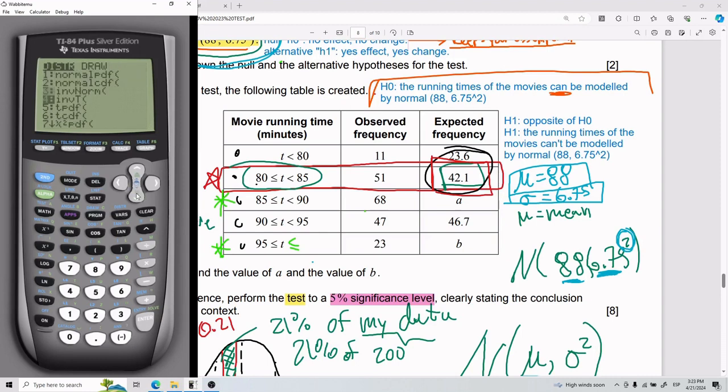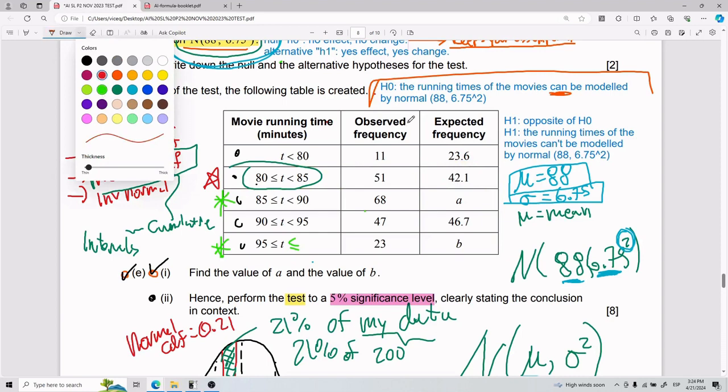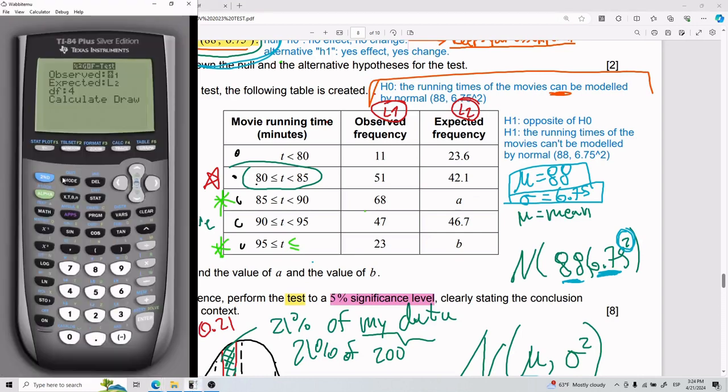For the chi-squared GOF, they tell us that L1 is observed, L2 is expected. So L1 is observed, L2 is expected. Let's go ahead and plug in.